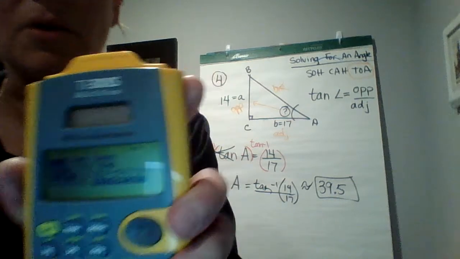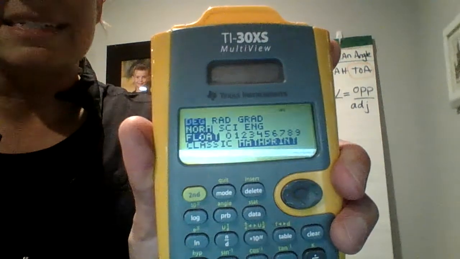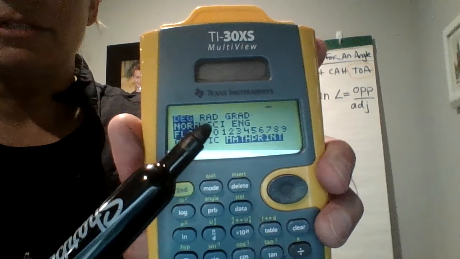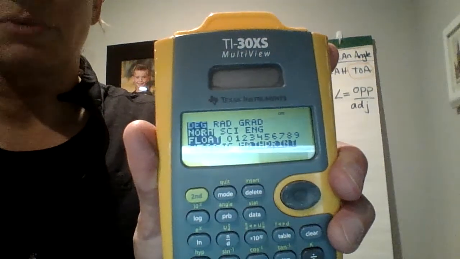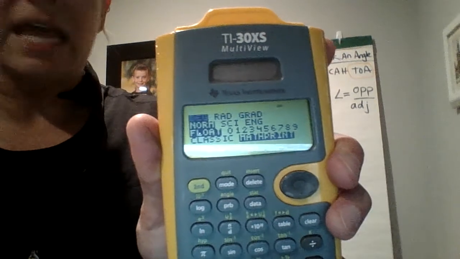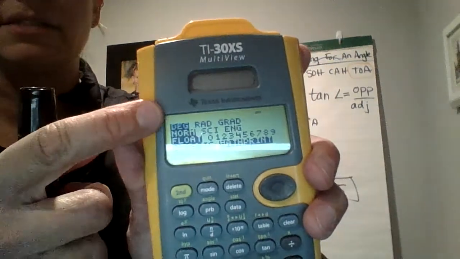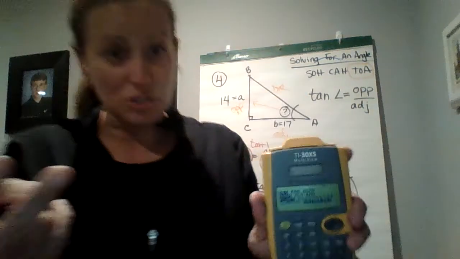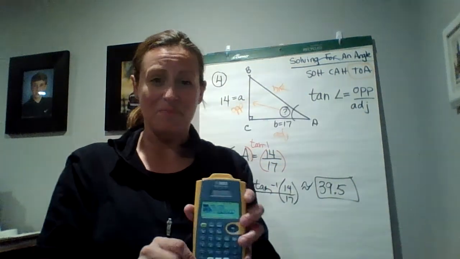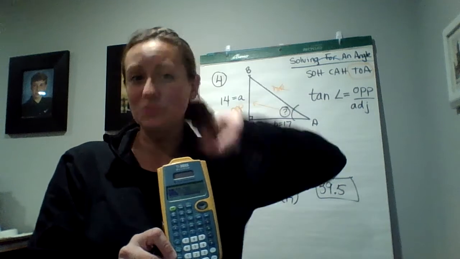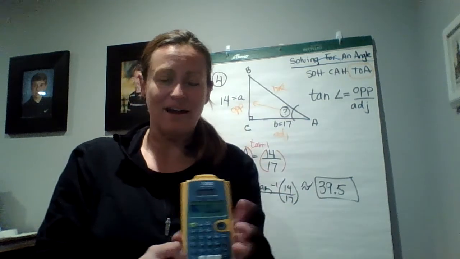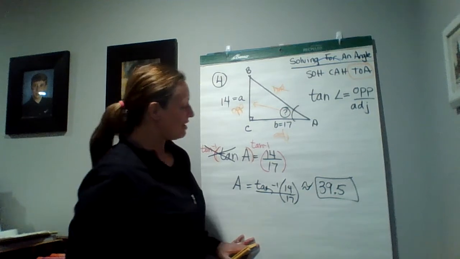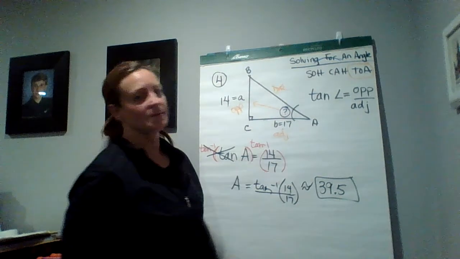On the very top row, there is deg, rad, and grad. Radians would be bad. If radians was on for this class, when we're dealing with actual angles that we measure in degrees, we want deg to be flashing. When you're in Algebra 2 and you're dealing with other things, you will use radian mode, but not for this. So 39.5 is the measure of angle A.